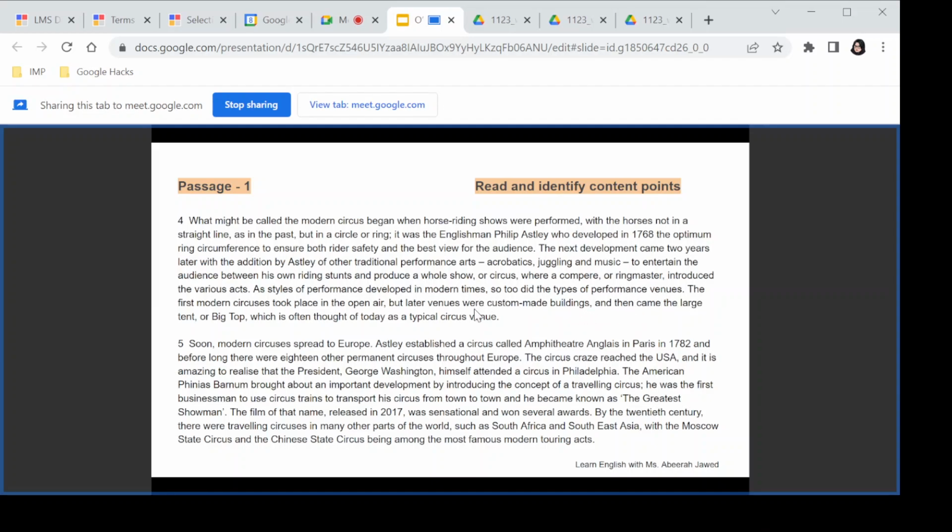First came the open air, and then custom made buildings, and then the big tents and with the big top. And then this is basically the evolution from one type of venue to another, and then the third one, the big top, right? You can also omit mentioning that. You can just talk about from open air to big top. That is also perfectly fine. But the point is perfectly mentioned. You've done it very clearly and correctly.